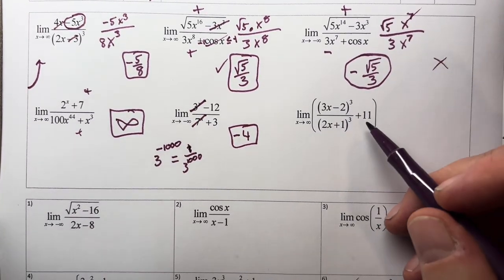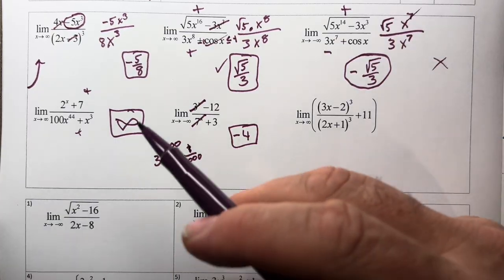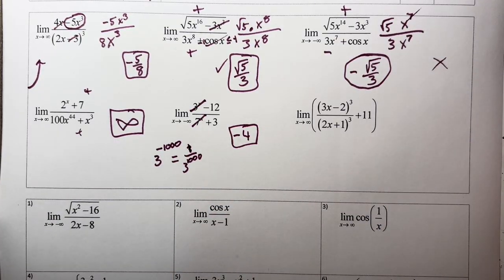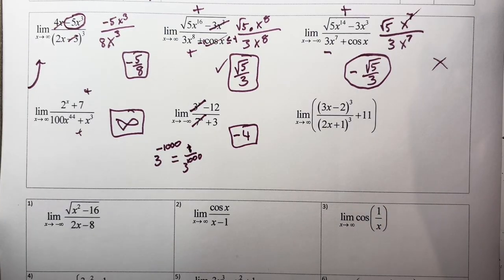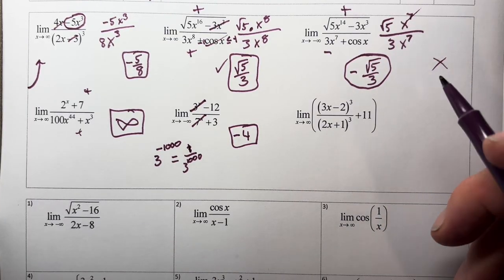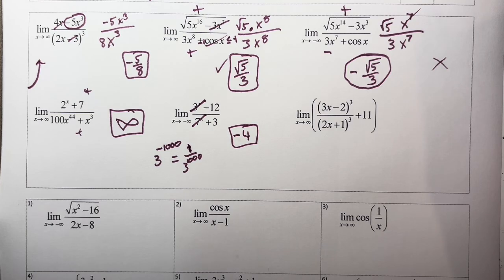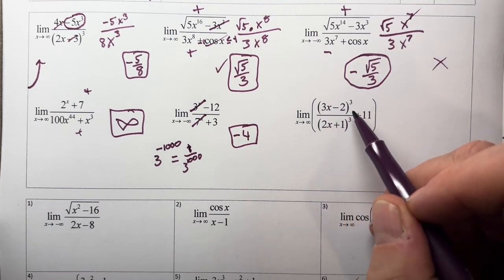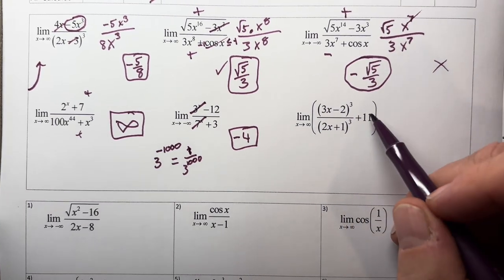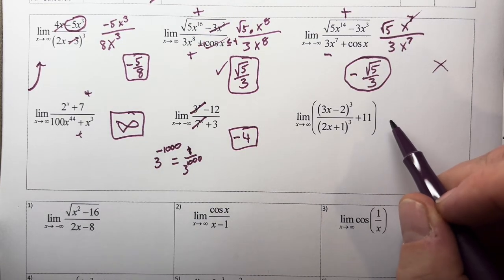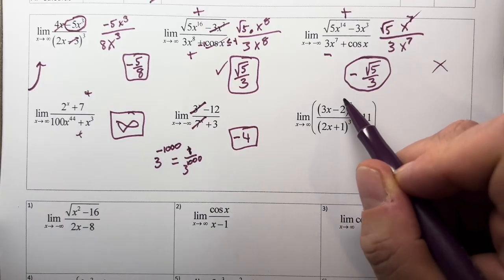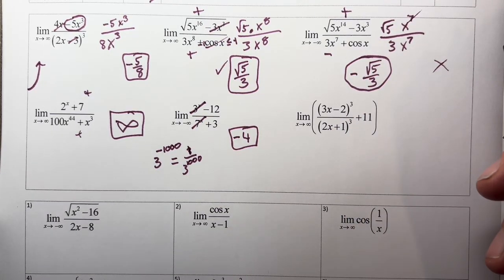Okay, so the long way to do this problem, because we are comparing the fractions, is to get a common denominator and FOIL this, or rearrange this until you do have a fraction over a fraction. But if we think of this as one big function, this plus 11 is really just a vertical translation of this fractional function.